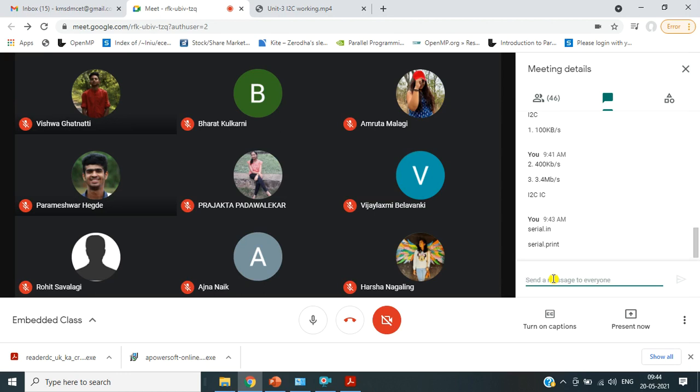Now the LCD screen is your slave device. The data is getting transferred from the microcontroller, the Arduino board. Basically the Arduino board contains an ATmega microcontroller, and this ATmega microcontroller starts sending the data.